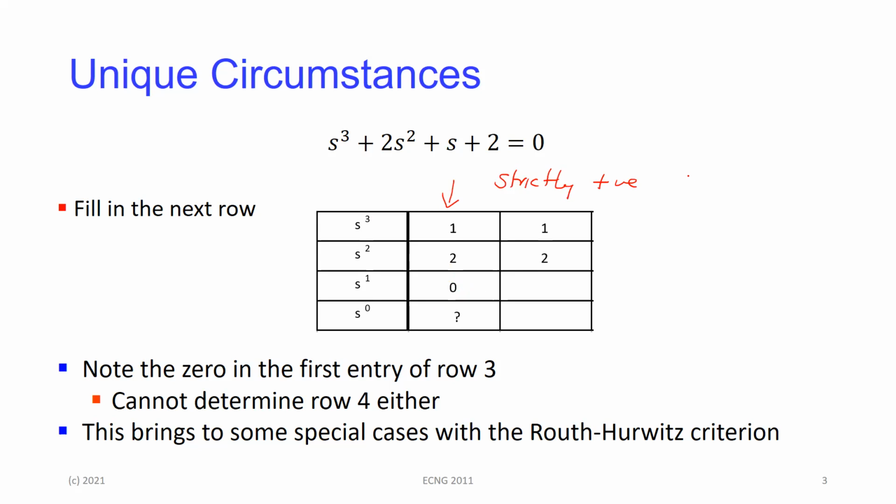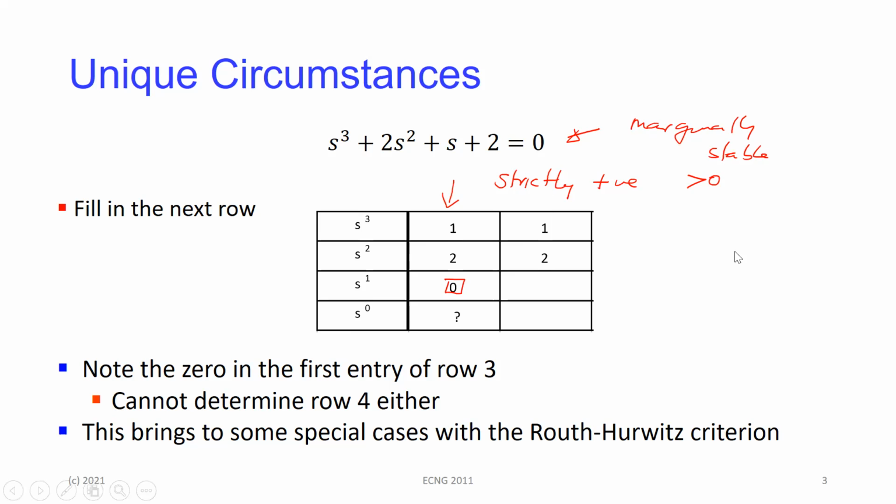Strictly positive means that they have to be greater than 0, right? So from the time you see a 0 inside of here, this system is marginally stable. Right, and you'll see where the roots lie in a little while.